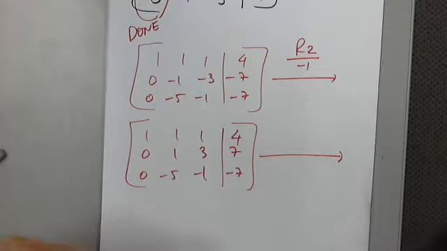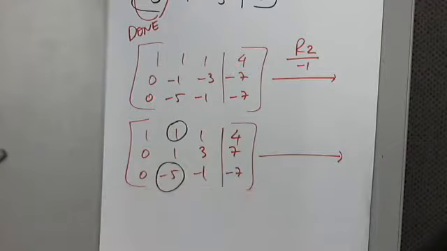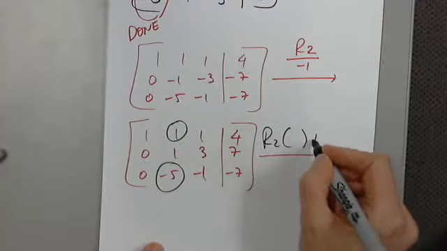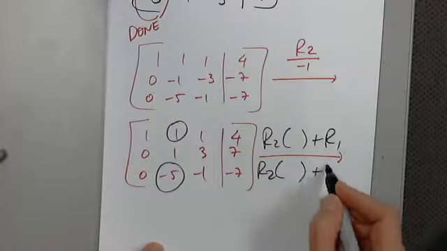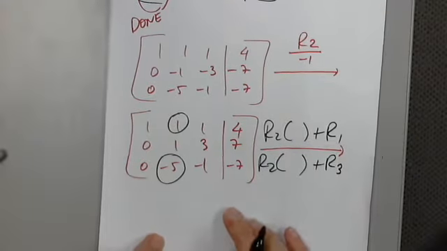Which row do I have to use now in order to eliminate this and this? Yes, I'm using row 2 and multiplying it by something to add it to row 1, and row 2 again multiply by something and add it to row 3.